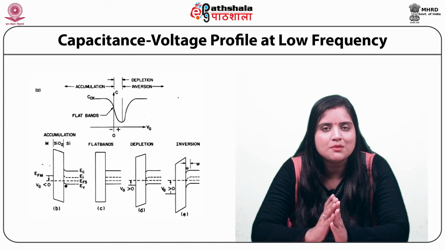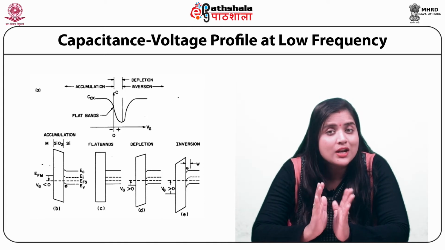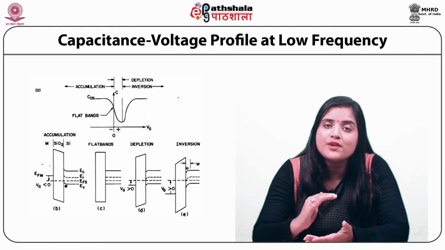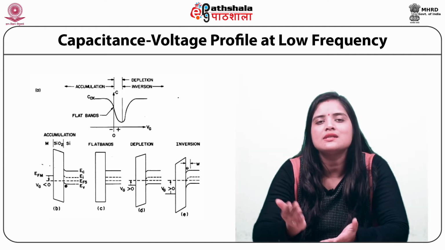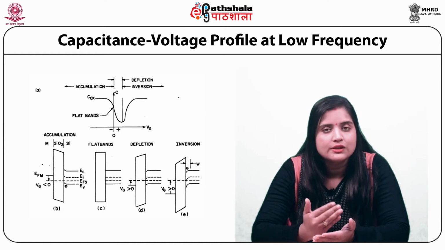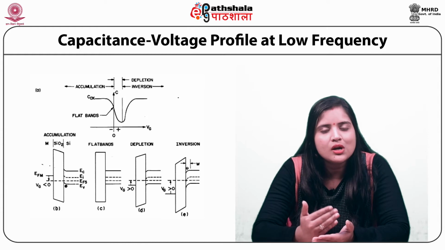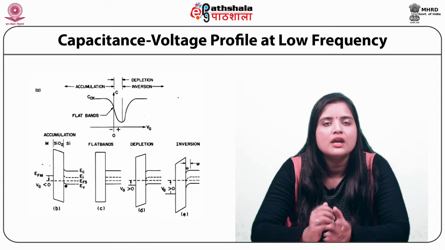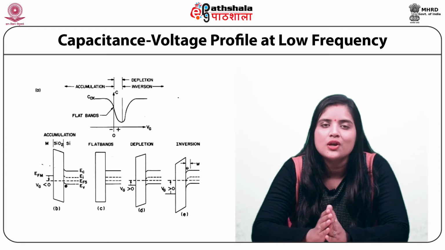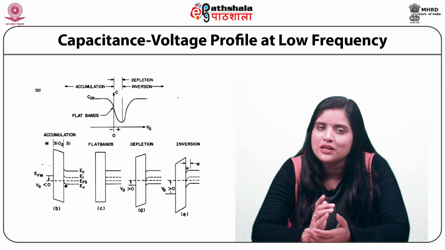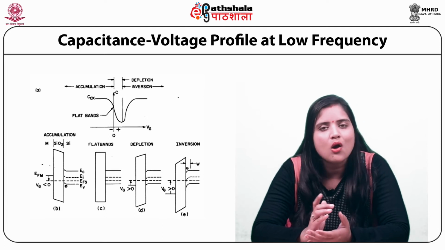When negative gate biasing becomes very large, hole charge density at the surface of silicon gives rise to a large differential capacitance Cs, such that the total differential capacitance of the MOS structure is roughly equivalent to the oxide capacitance per unit area, that is Cox.